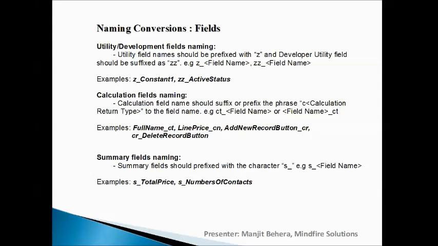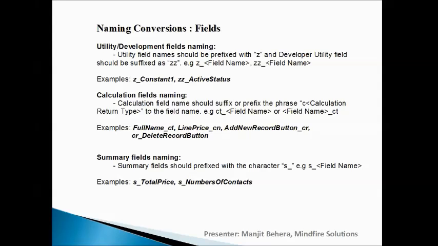That means we generally use the concatenation of the salutation plus the first name and then the last name to generate the full name. For that type of field we use this naming convention, like full name underscore ct.